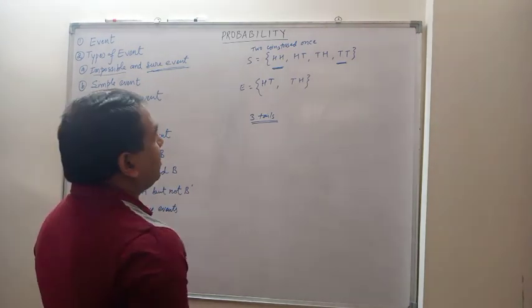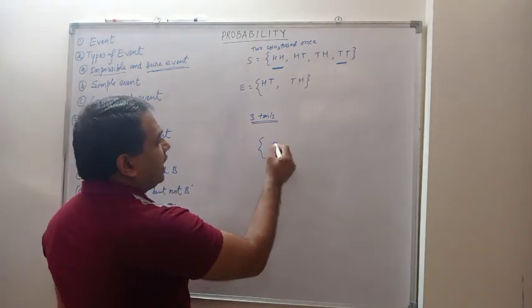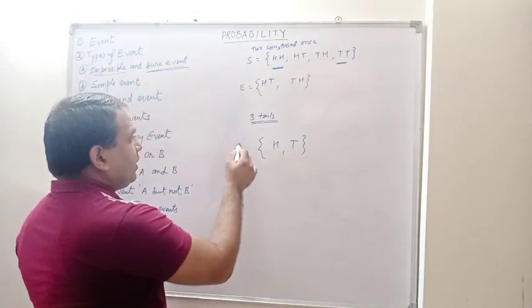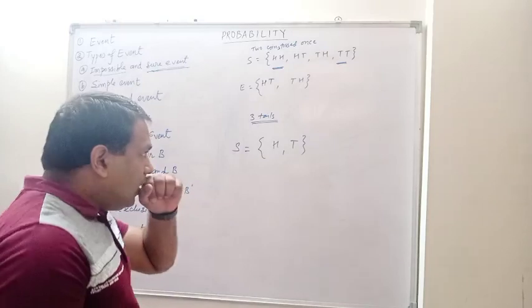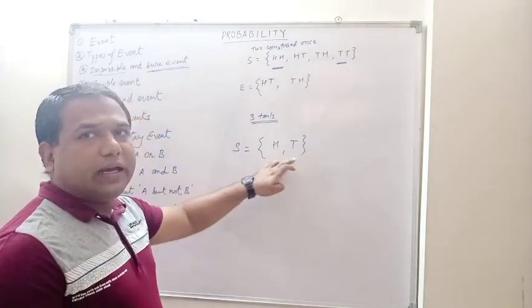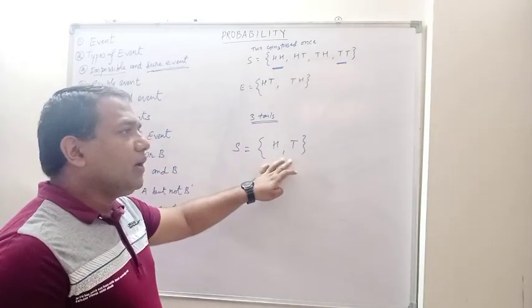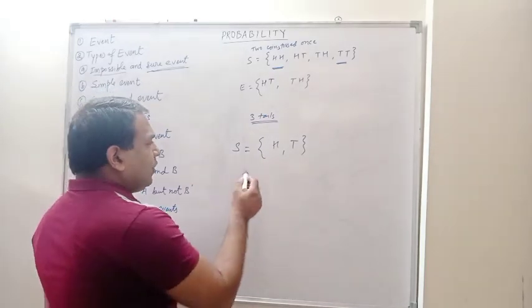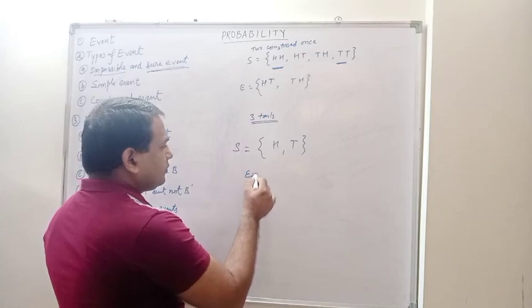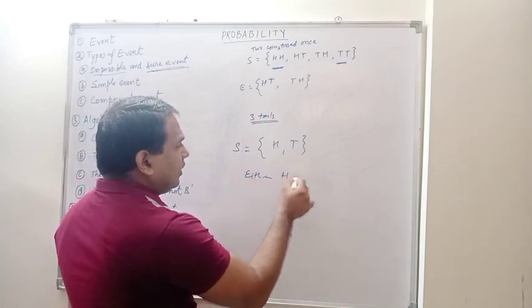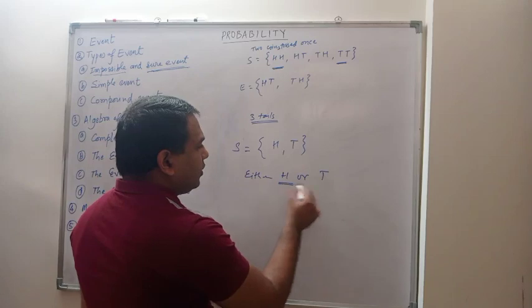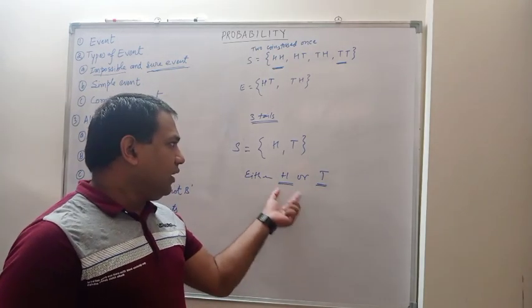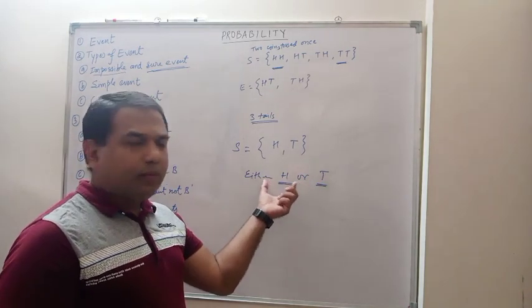And sure event. If I toss a coin, then definitely I'll get H and T; one coin tossed gives H and T as the sample space. And whenever I am tossing, if I am looking for either head or tail, then definitely this is my favorable.